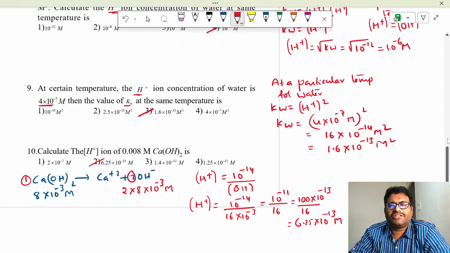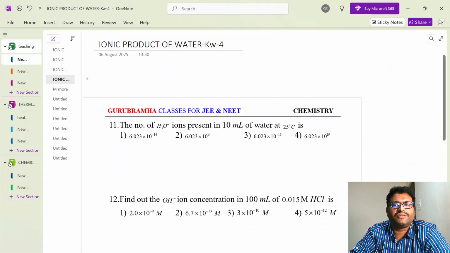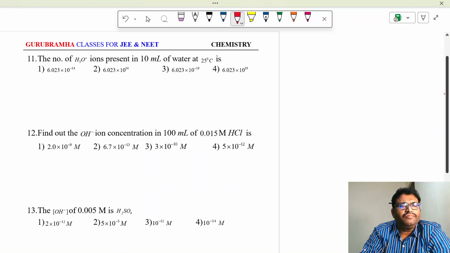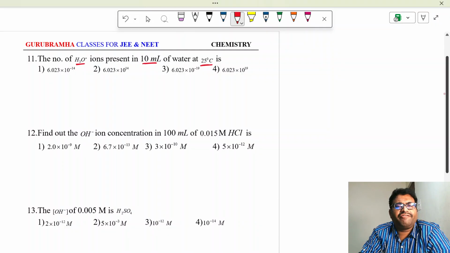Okay. So next, coming to the next question, let us see. Here, the number of H3O plus ions present in 10 ml of water at 25 degrees centigrade.